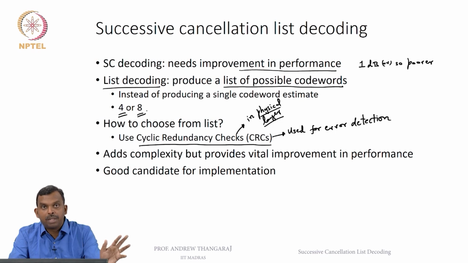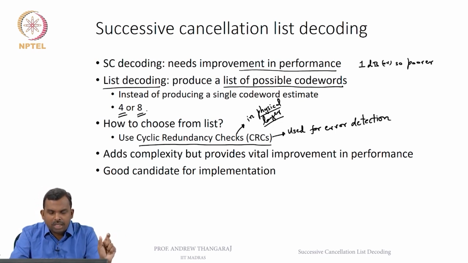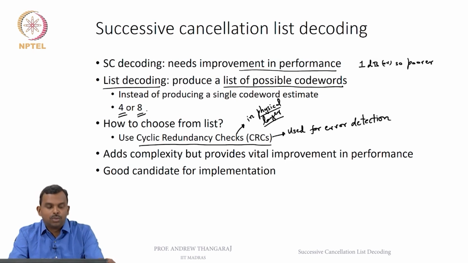You have to run multiple decoders more or less, but it gives that critical improvement in performance, which makes it possible. So most of the decoders I expect for the 5G Polar codes to be successive cancellation list decoders. They will have a list in them, and they'll improve the performance. So, this is a high level overview. Now let's go into details on how the list decoder works, how do you make it work, etc.